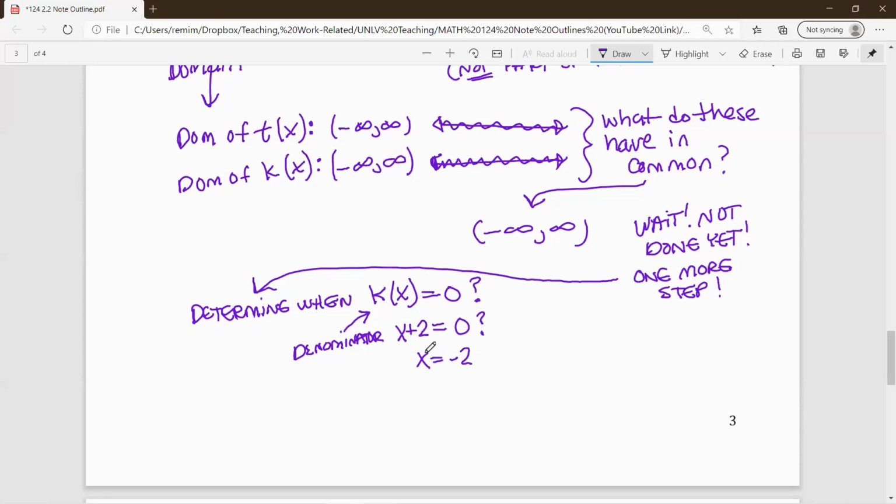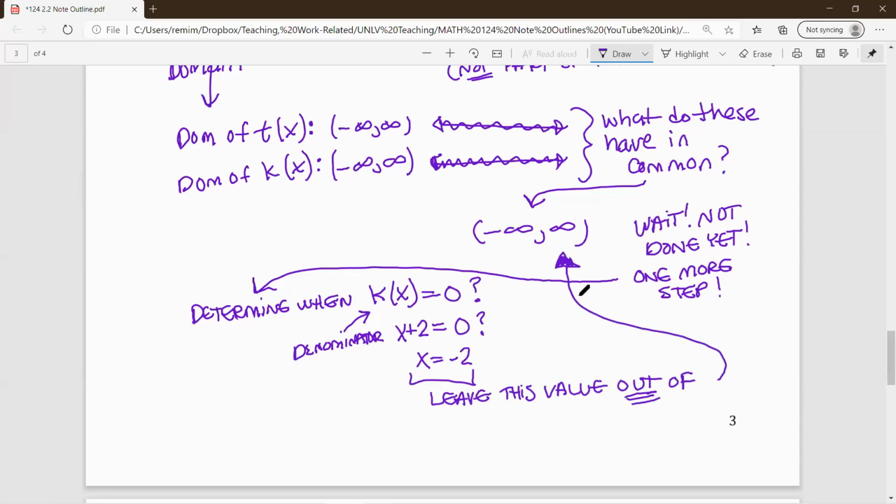So we don't want x to equal negative 2. So we're going to take this value and leave it out of what we got right here.